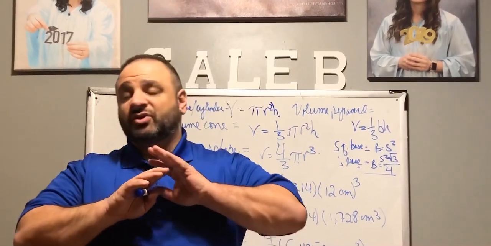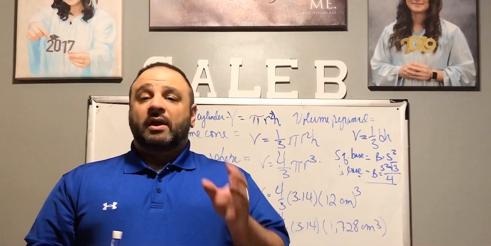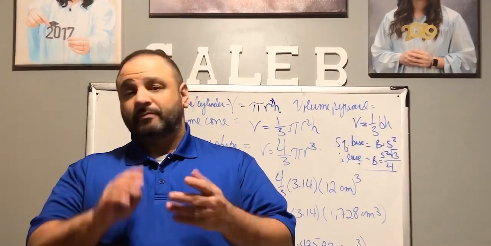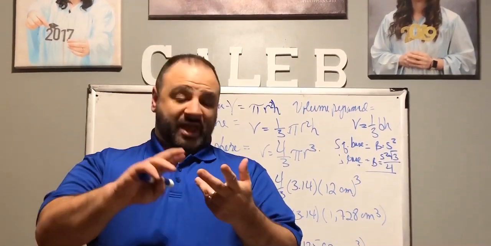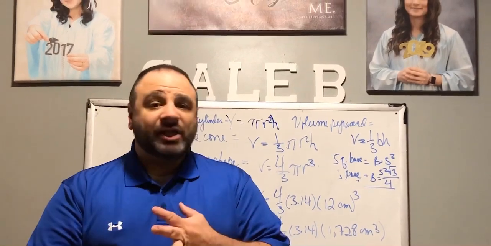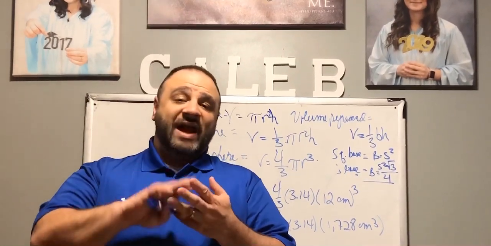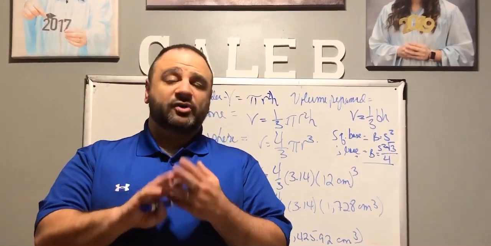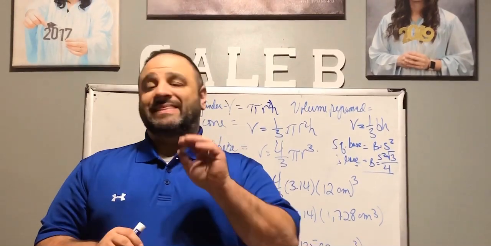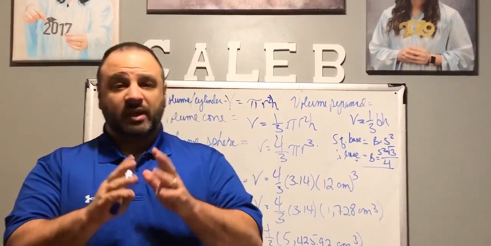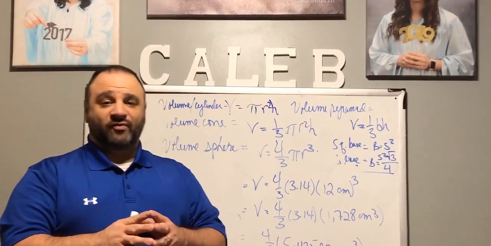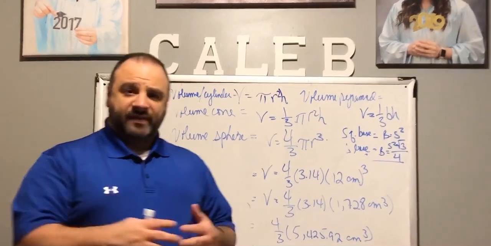There are so many different scenarios. Look at the base. We have a rectangular base, a square base, a triangular base. When we're finding those areas and volumes, looking at the base determines what equation I will be using when we're looking for the total area and the lateral area.